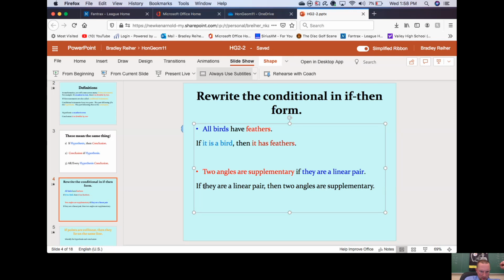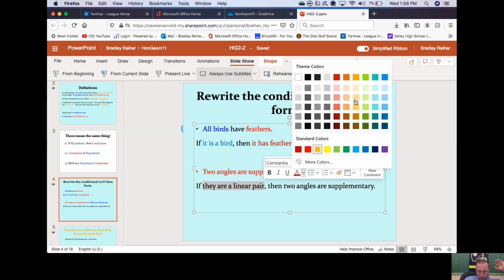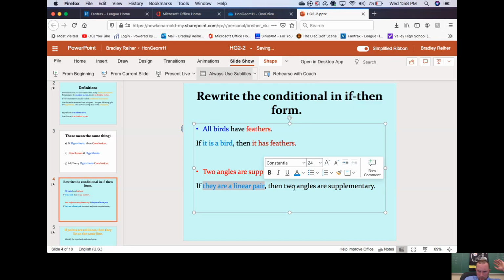I'll use my colors to help you. So we're changing it to if blue, then red. Now, there's one other thing we could fix up here. If you leave it like this, you're not wrong.